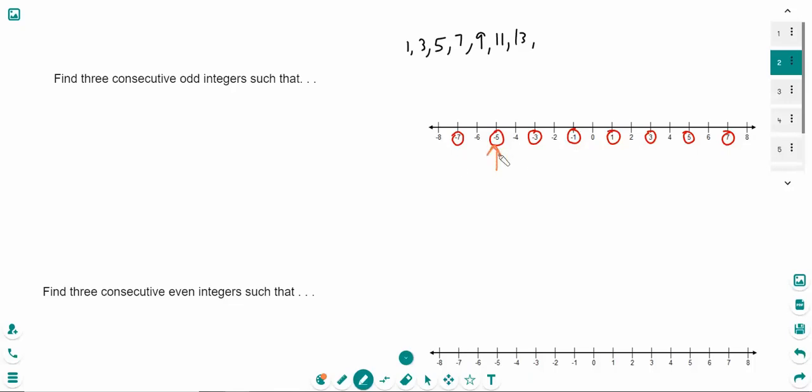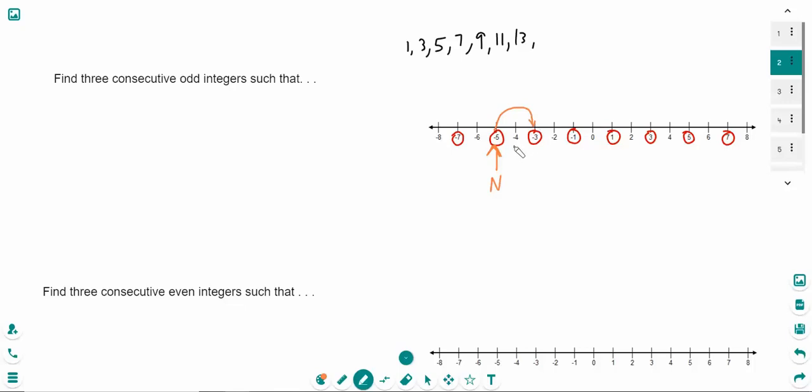So if I choose this -5 as my first integer, let's call it n, how do I get from this first integer to the next consecutive integer? Remember, consecutive means the one that comes right after. So what's the next consecutive odd integer? Well, it's going to be this one right here, right?